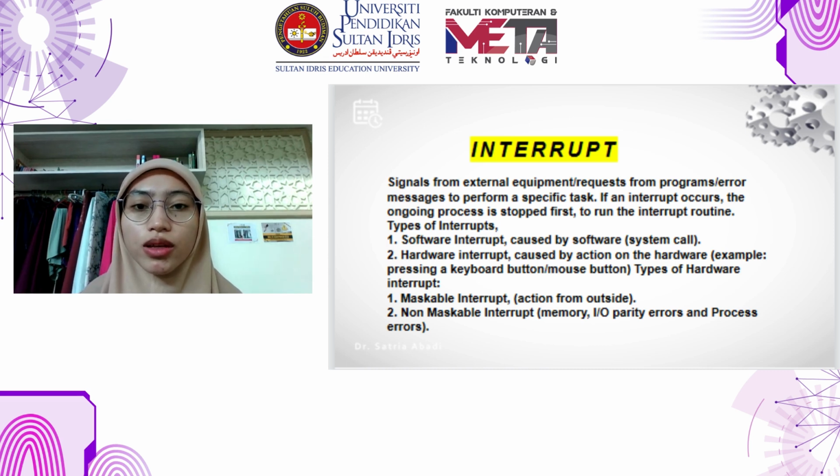Second, hardware interrupt, caused by actions of the hardware, for example pressing a keyboard button or mouse button. Types of hardware interrupt: the first one is maskable interrupt, an interaction from outside. The second one, non-maskable interrupt, for example memory or input or output parity errors, and processor errors.